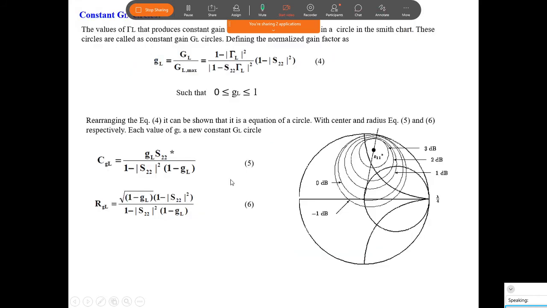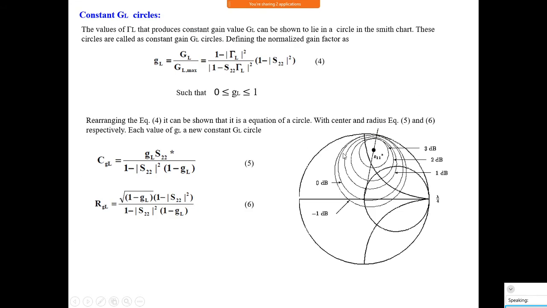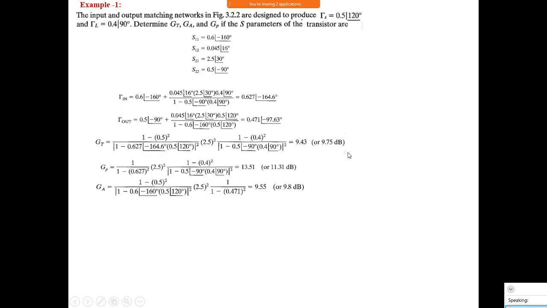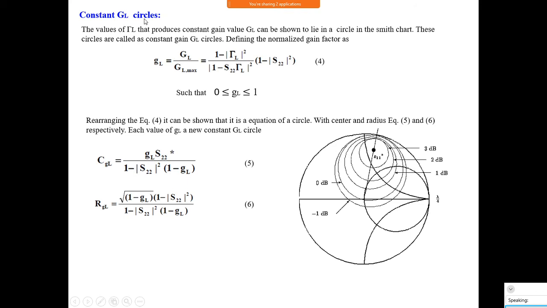So they are called constant GL circles. Constant GL circles means whatever the required value of GL, you take and divide that by the maximum value, and that is this equation. What is GL maximum? That is 1 by 1 minus S22 magnitude square. So you have to put that, and it will come to the numerator.